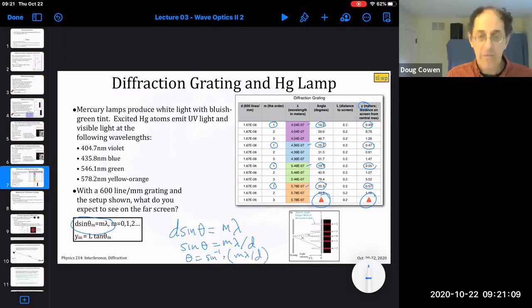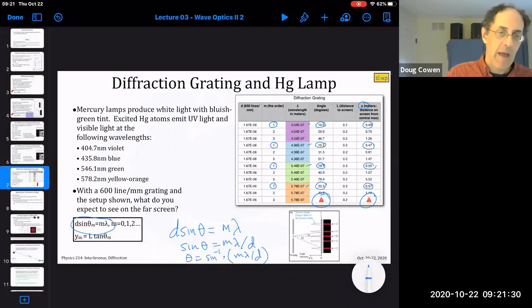And for a given wavelength and a given separation between the slits, d, as that m gets larger and larger, eventually you're going to reach the point where this m lambda over d factor gets greater than 1. And when that happens, you can no longer take the arc sine.